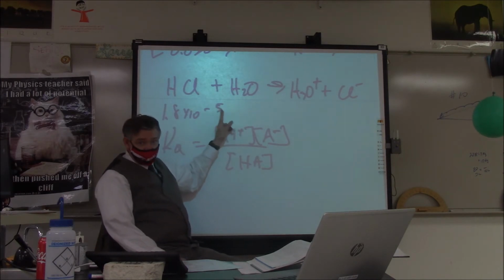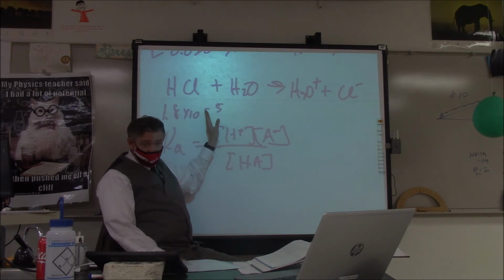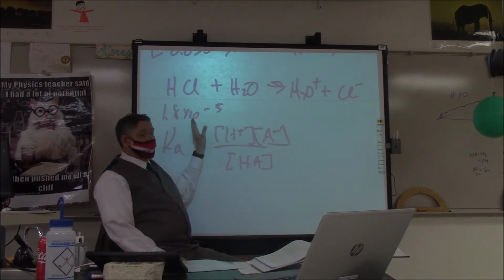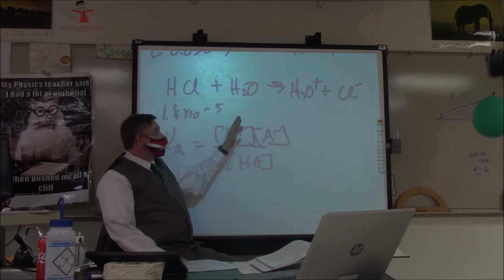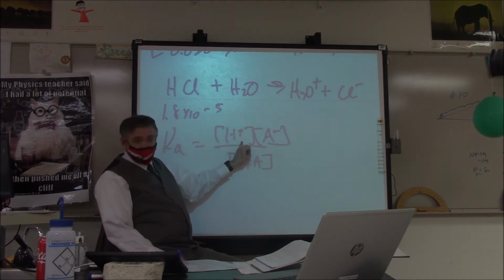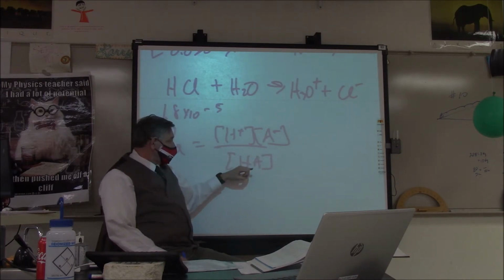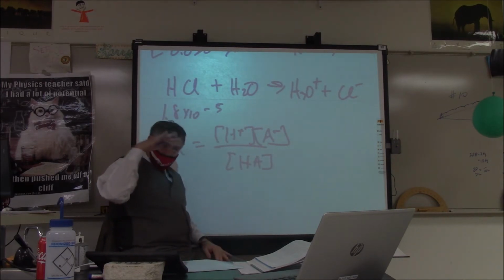Winner, winner, chicken dinner. If you have acetic acid, what Mother Nature wants to do is mathematically produce a value of 1.8 times 10 to the negative fifth, so that when you multiply the hydronium ion concentration times the anion concentration and divide by the acid concentration at equilibrium.